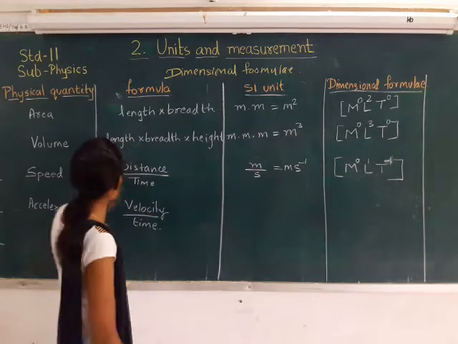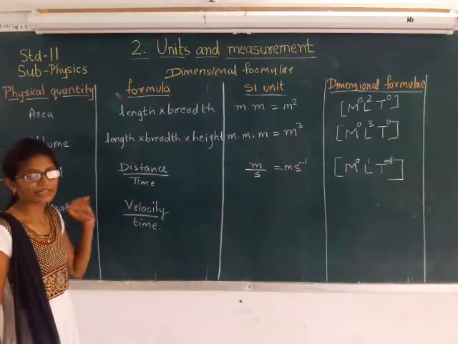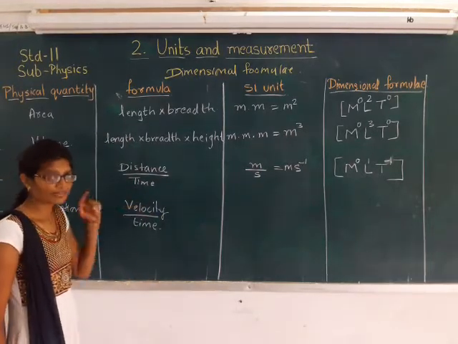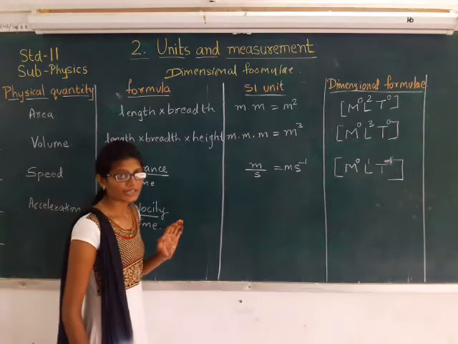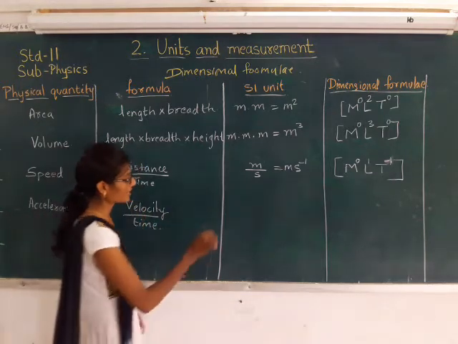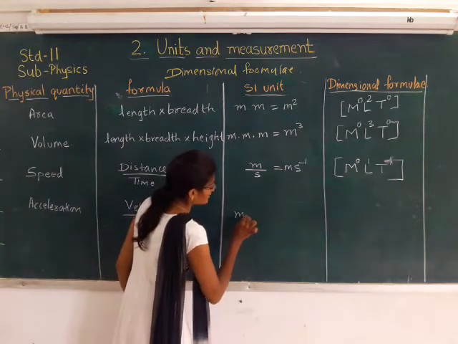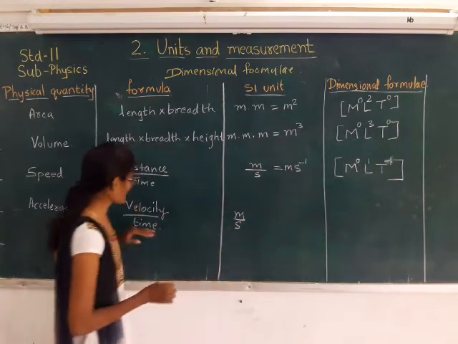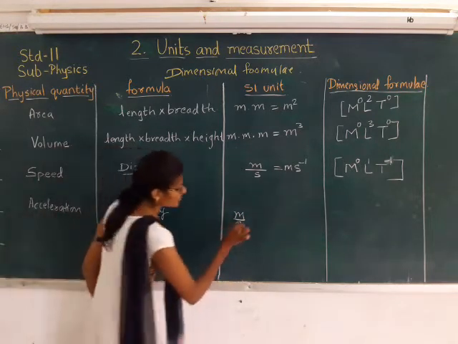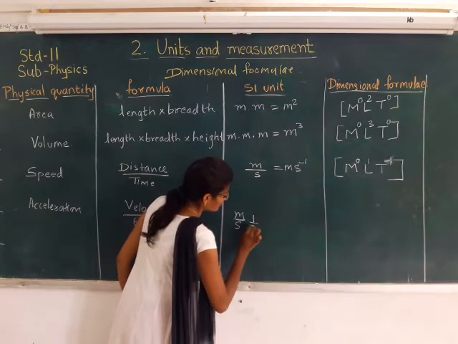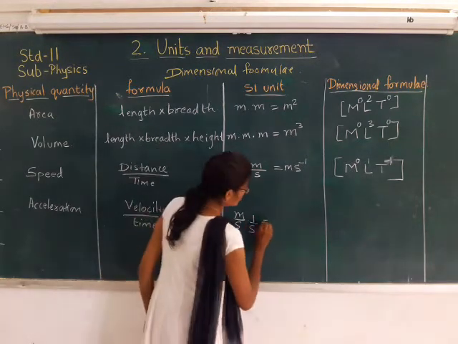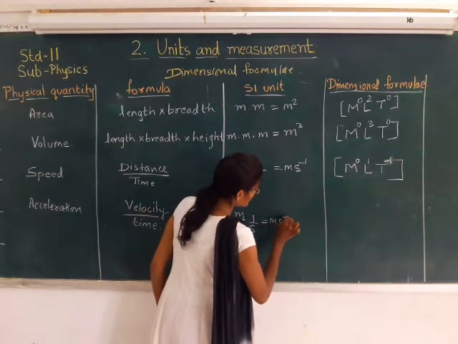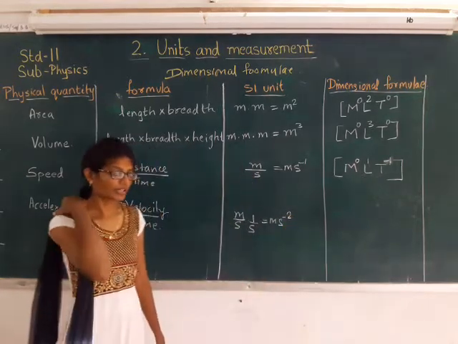The thing is that speed is a scalar quantity, velocity is a vector quantity. It shows direction as well. Otherwise its unit is the same. So the unit for velocity is meter per second, and upon time, so you can write 1 by s. So it is meter per second square, right?